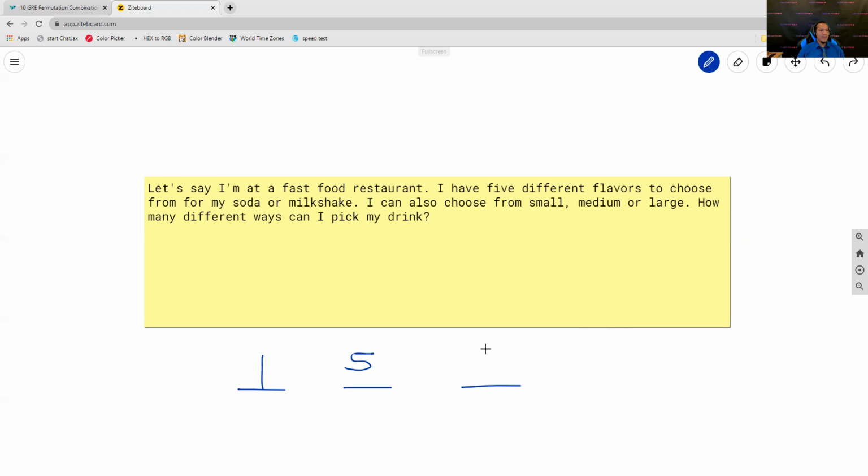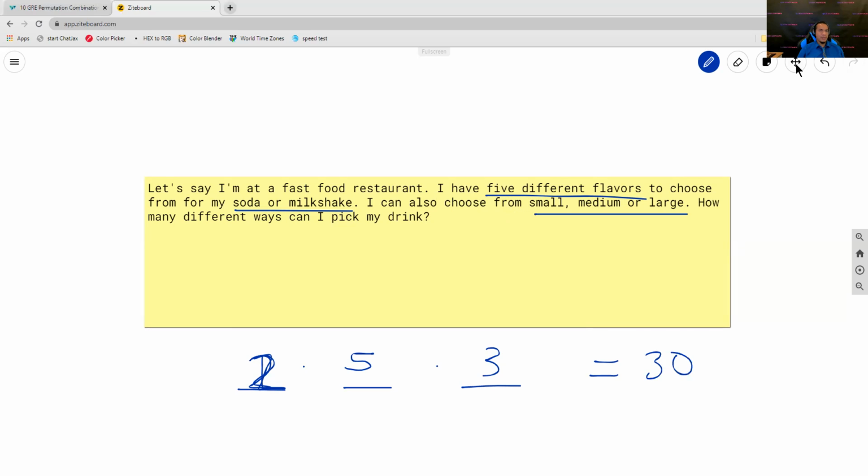Well, now I can pick from small, medium, or large, and different flavors. But now let's say I don't know if I want a soda or milkshake. Well, now I can pick from 2 selections, and now my answer is 2 times 5 times 3, because I have 2 selections here, 5 selections here, and 3 selections there. So in total, I have 30 different ways to choose from.